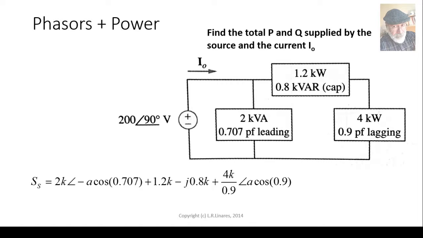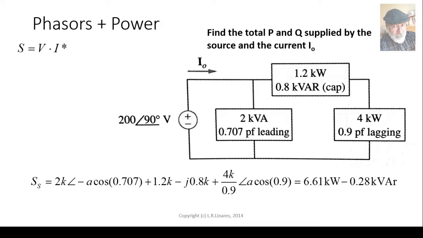We add them together and we get that the total power of the loads, which is, according to Tellegen's theorem, equal to the total power supplied by the source, is 6.6 kilowatts, negative, there is a j missing there, right? Negative j0.28 kilovars.